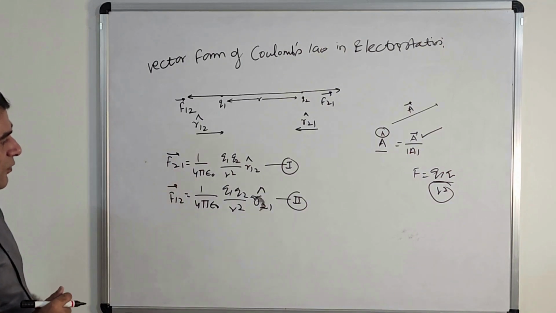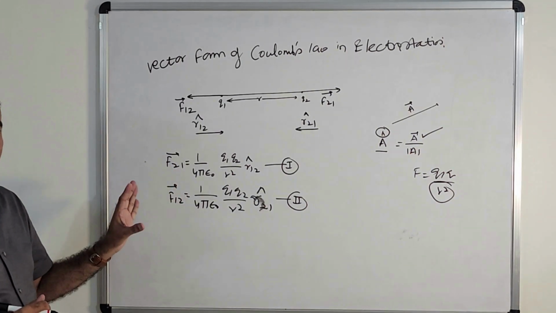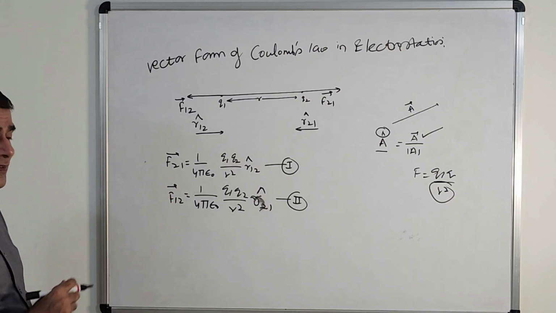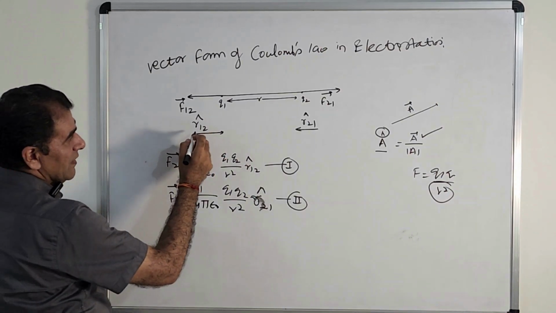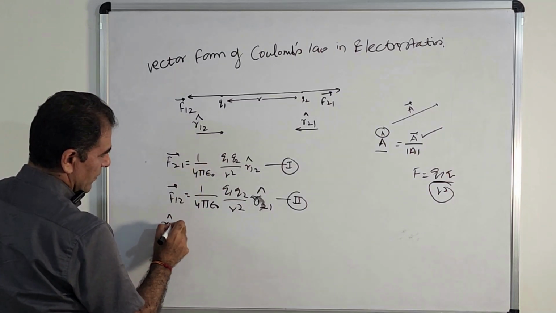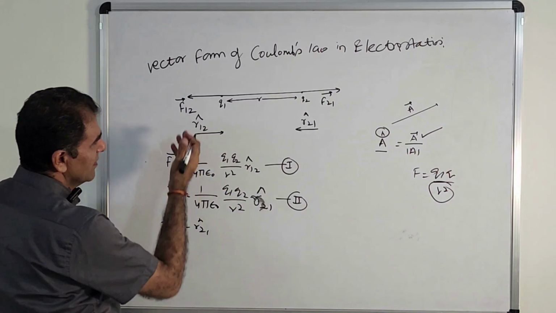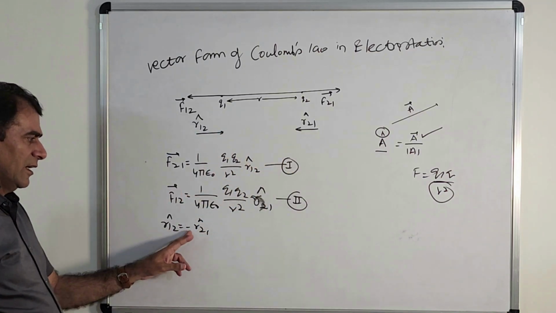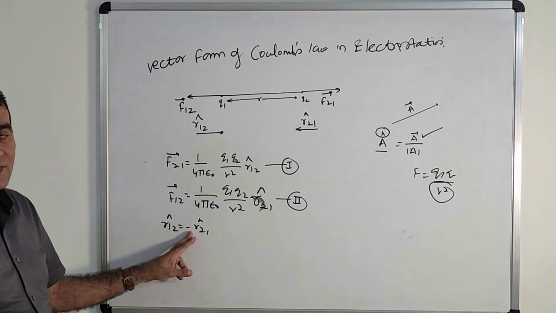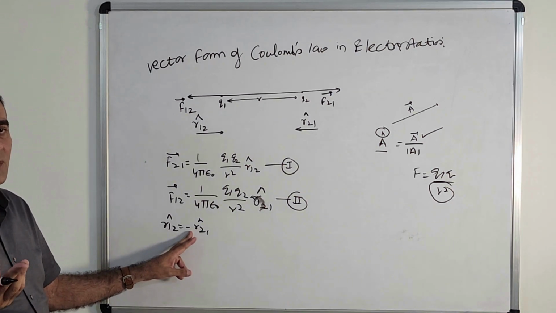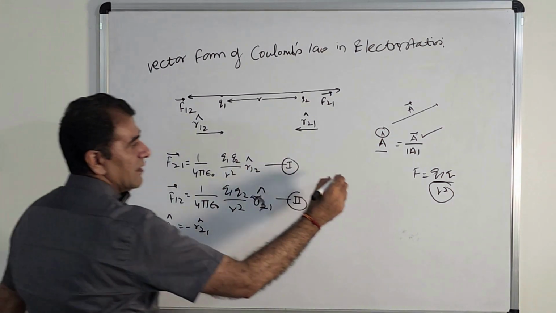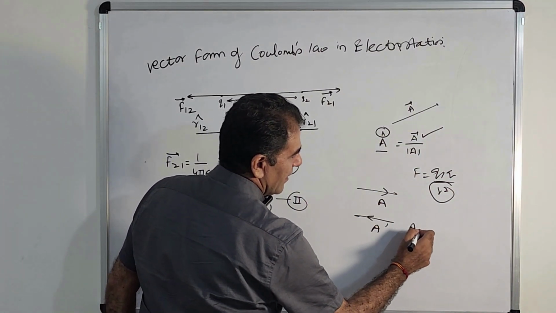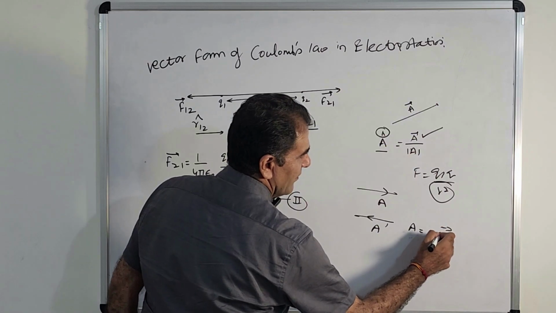Now these are the vector forms of Coulomb's law. That's final. But what are the results which we get from it? Look at this. You know that R12 is equal to minus R21. Just see. This vector is in this direction, this vector is in this direction, so they are opposite to each other. That's why we put a negative sign. You have learned in vectors, if this vector is A and this vector is A dash, we can write A equals minus A dash.